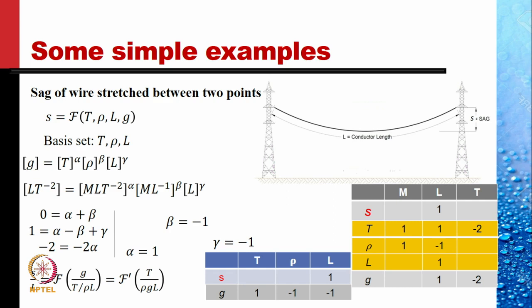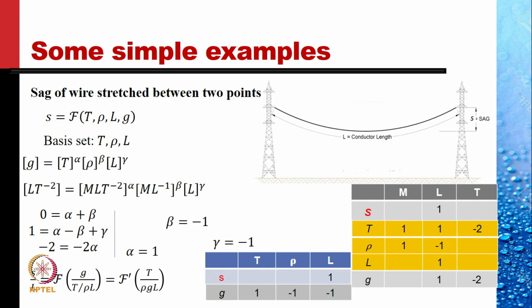A non-dimensional parameter can have any powers. So we used a power of minus 1 here. And so S by L is a function of T divided by rho G L. So it depends only on one parameter.